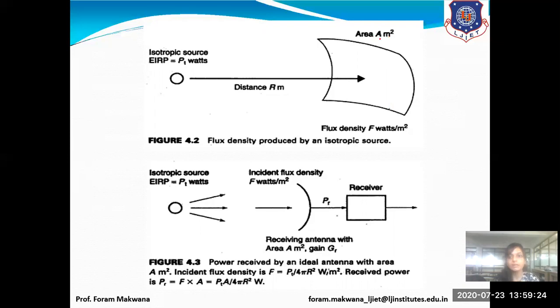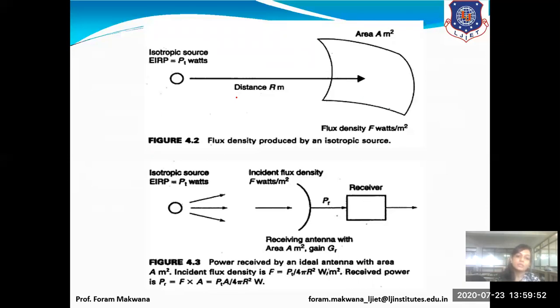The area is A, unit is meter square. That's why the flux density is represented as watts per meter square. How much amount of power is there, and out of which area of the antenna that power is going to be collected, right?